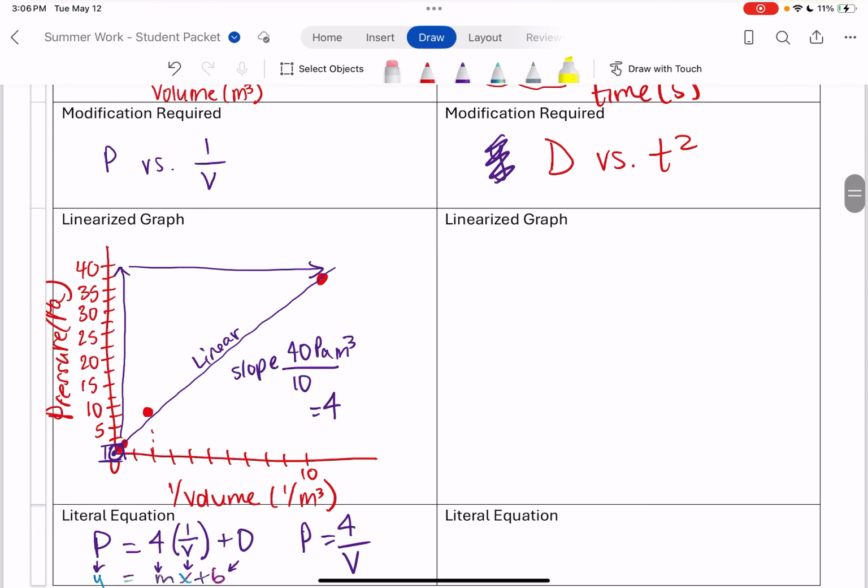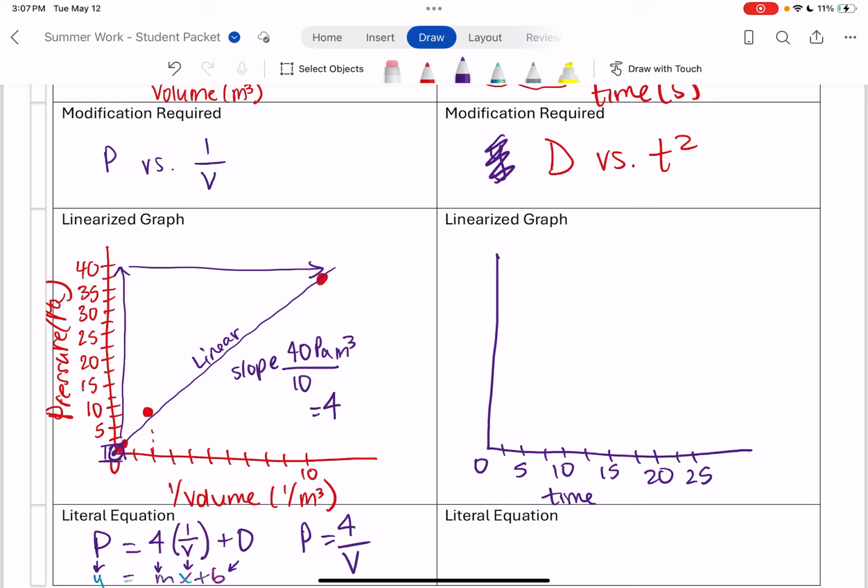So let's sketch our linearized graph. 5, 10, 15, 20, 25. Okay, this is going to be time squared in seconds squared.